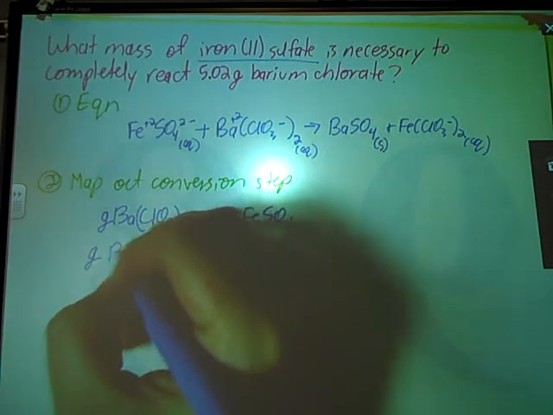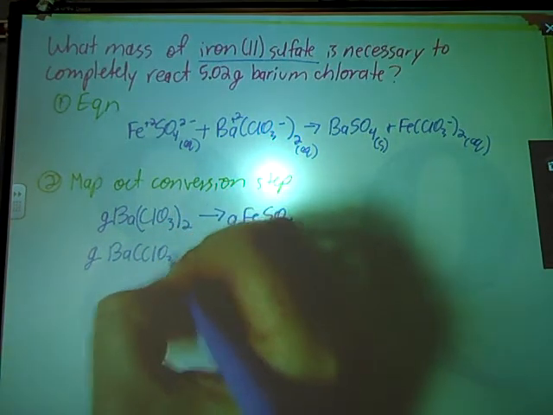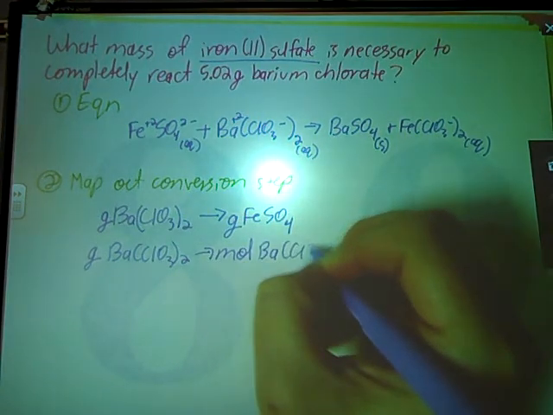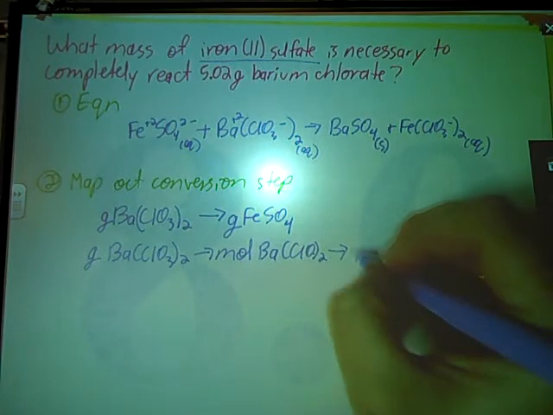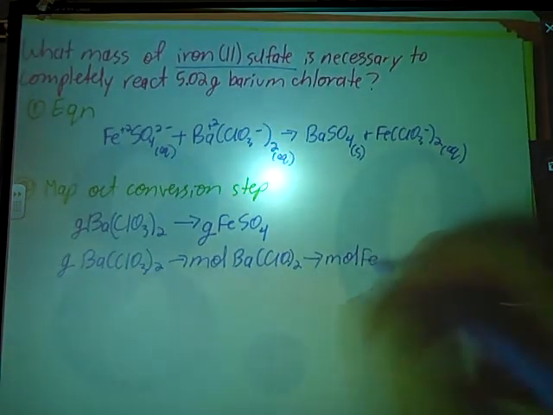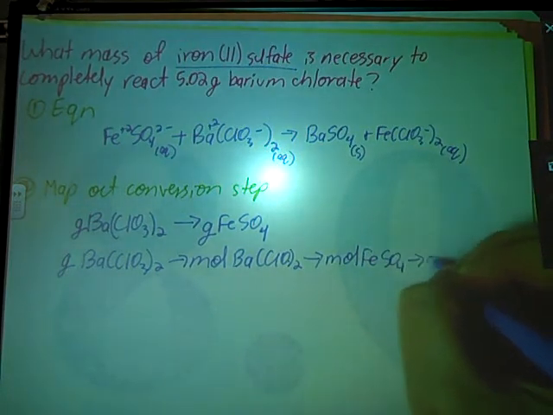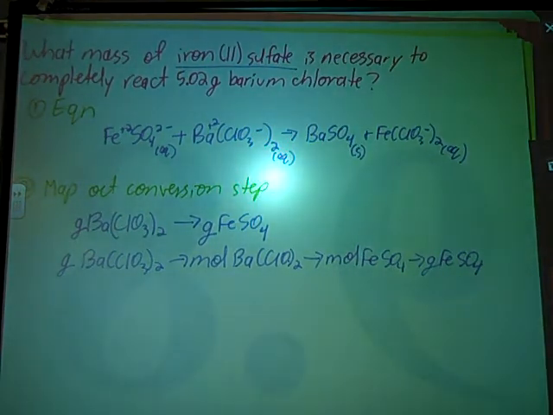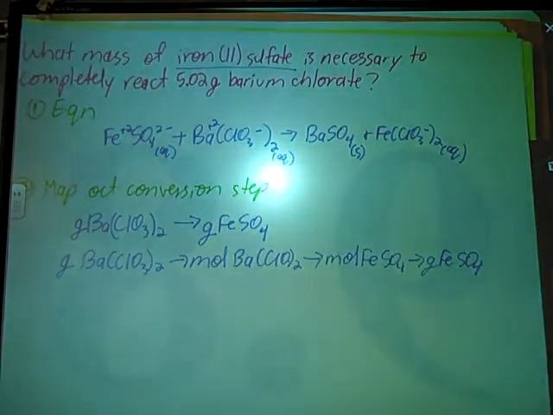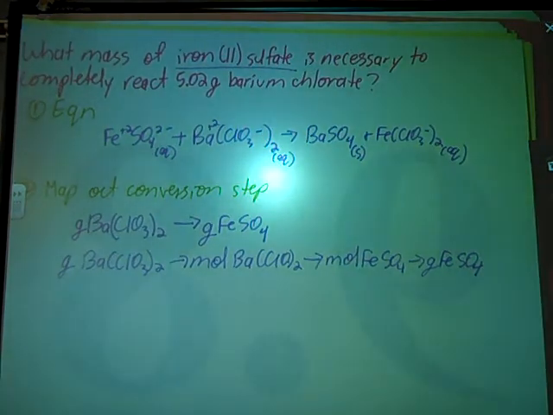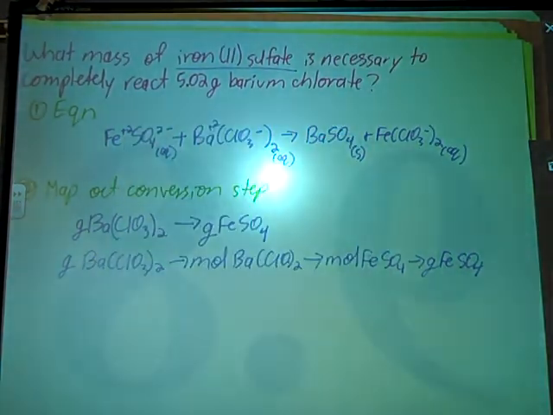So I have to go from grams of barium chlorate to moles of barium chlorate, then over to moles of iron sulfate, and finally to mass of that iron sulfate. So I want to know if I have this much, exactly how much iron sulfate will it take to use up all of that. So 3 arrows, 3 conversion factors that we're going to have to write.